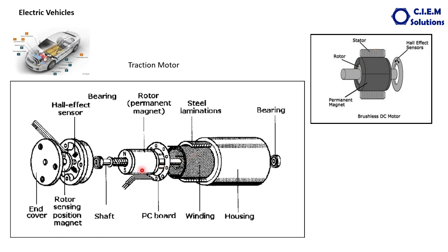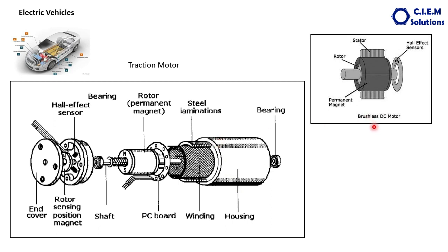The center one is called the rotor, which is made with a permanent magnet. To give frictionless rotation, both ends of the rotor are supported with bearings, and these are seated in the housings at both ends. To secure this complete unit, rotor and stator, a strong housing is provided. So the complete assembly is securely assembled inside the motor housing.